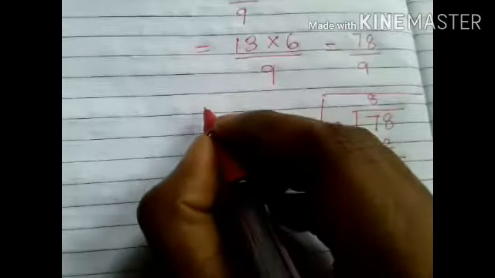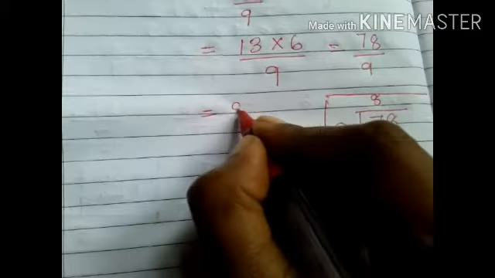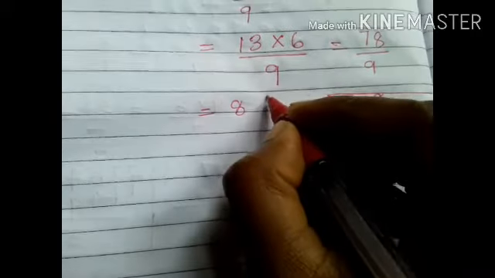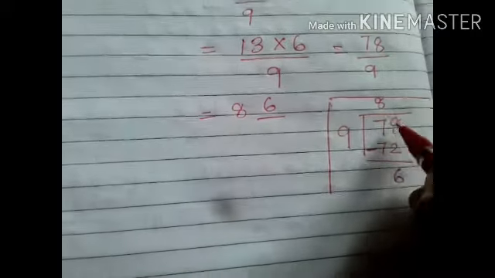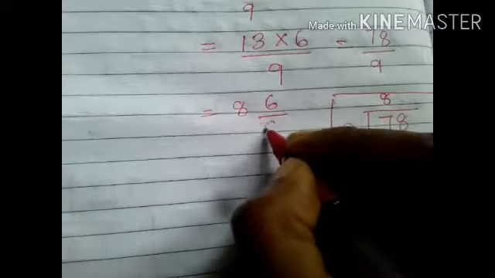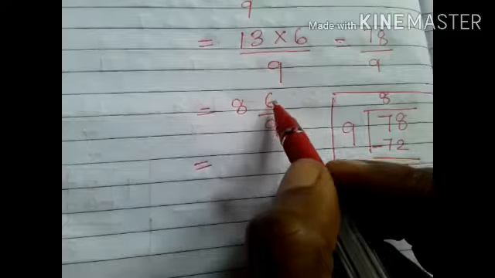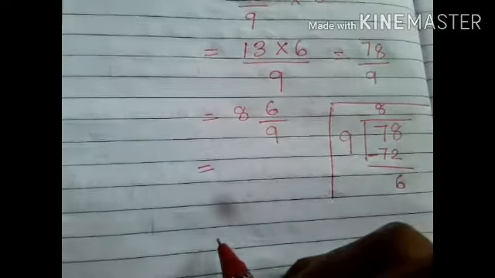So how to write in mixed fraction? Quotient 8, remainder 6, divisor 9. Then it can be simplified again: 6 and 9 divided by 3.